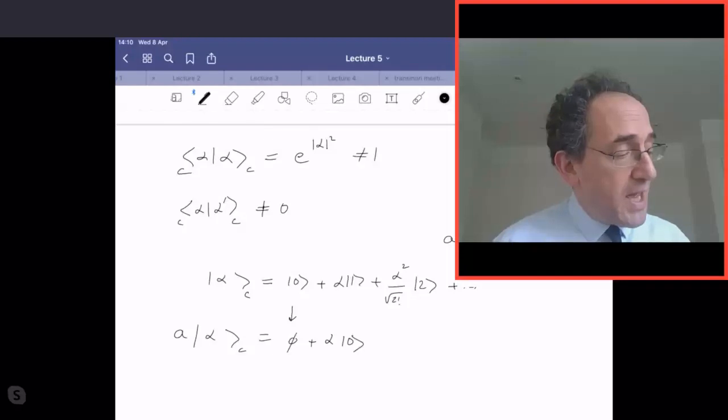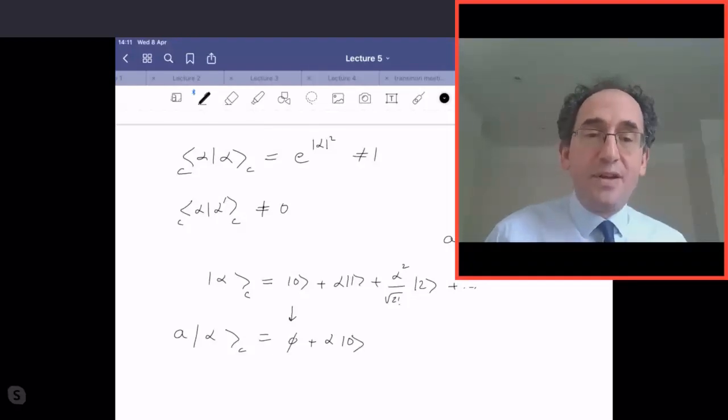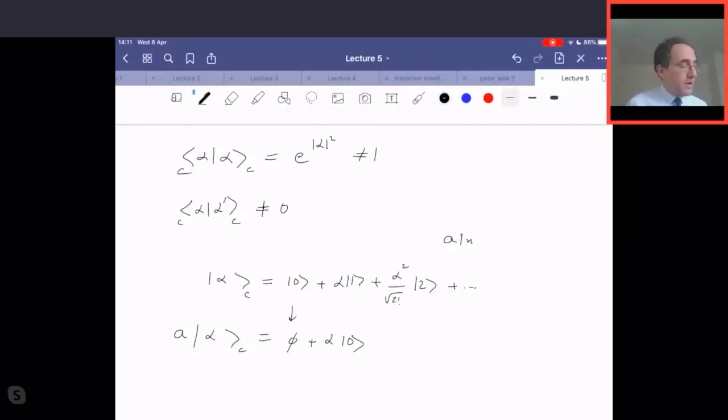Recall that A on a state n is the square root of n times the n minus 1 ket. So if I apply it to the 2, I get square root of 2 times the 1 ket.